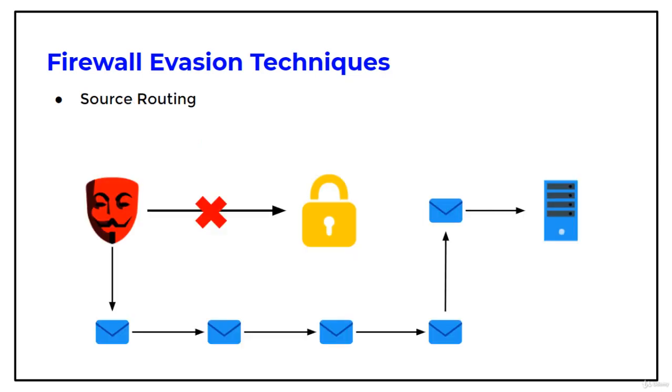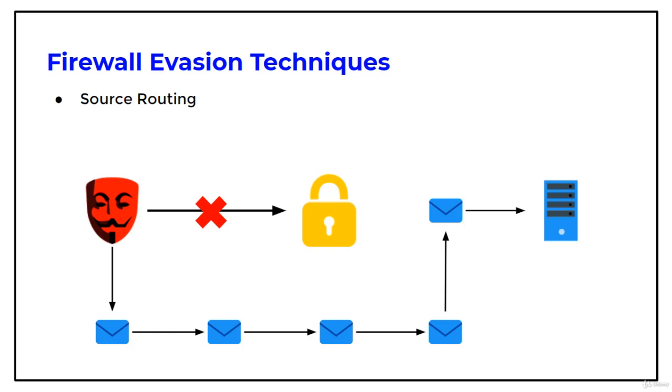The next firewall evasion technique is source routing. Source routing allows the sender of a packet to partially or completely specify the route the packet takes through the network. As the packet travels through the nodes in the network, each router examines the destination IP address and chooses the next hop to direct the packet to the destination.